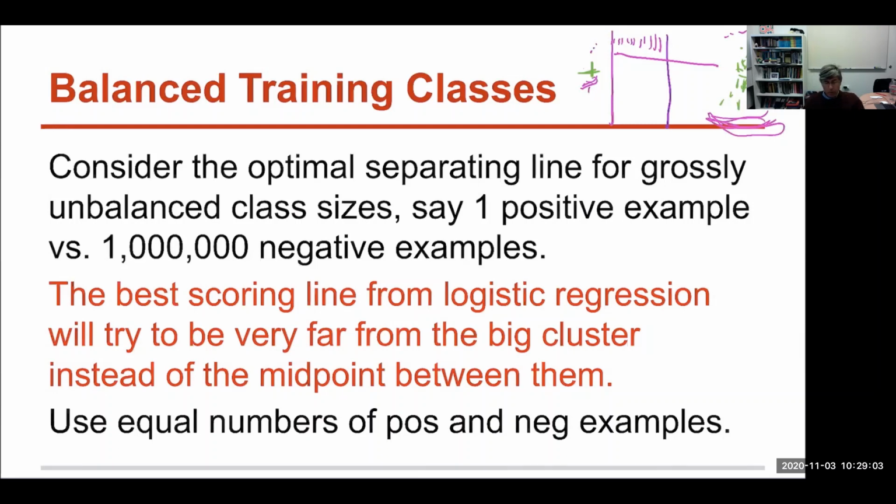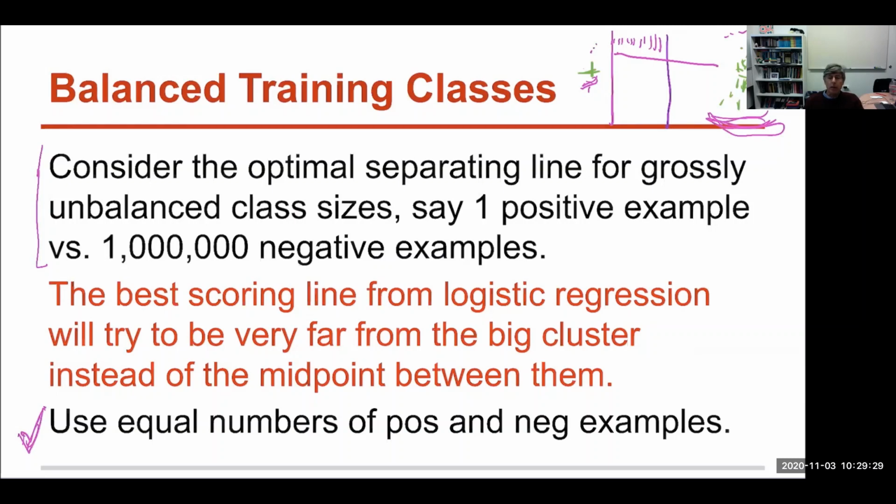So if you have grossly unbalanced classes, it's going to try to just go and cover the bigger class as easily as it can. Okay. So in our dream, we would have the same number of positive as negative examples if we did a classification problem.